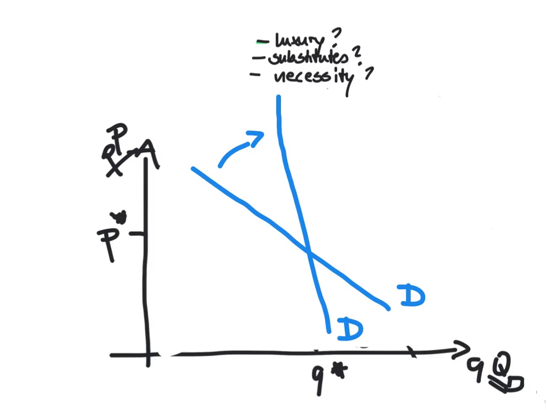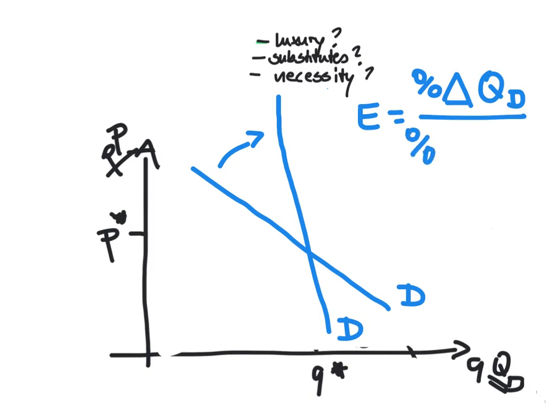Remember, what is the definition of elasticity? Can you see if you can recall it? It's the percentage change in quantity demanded over the percentage change of price. So if price were to go up, right, it's basically the slope.